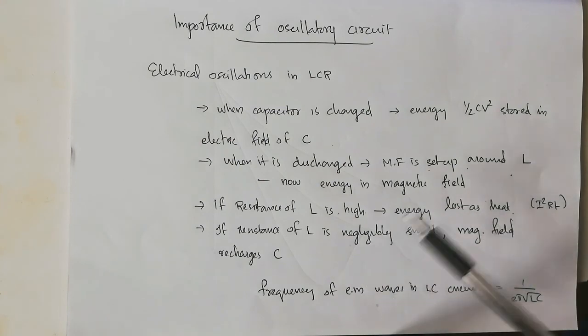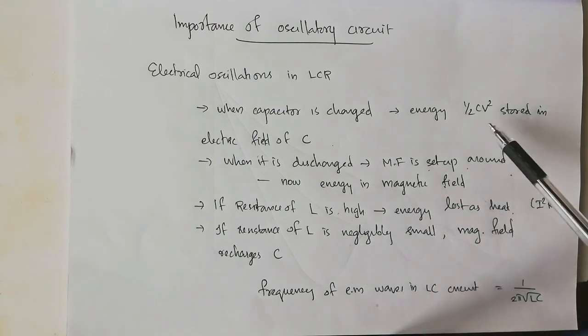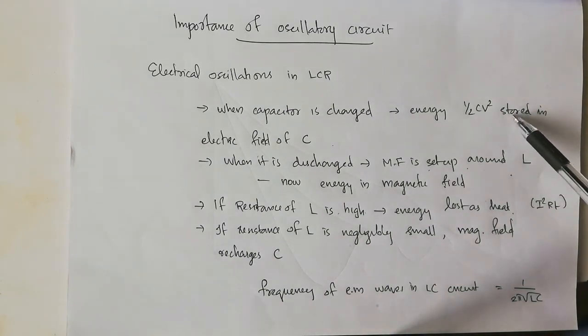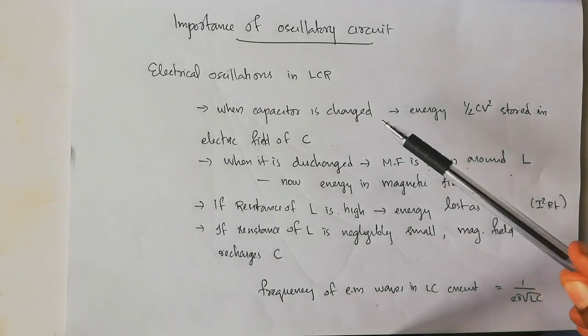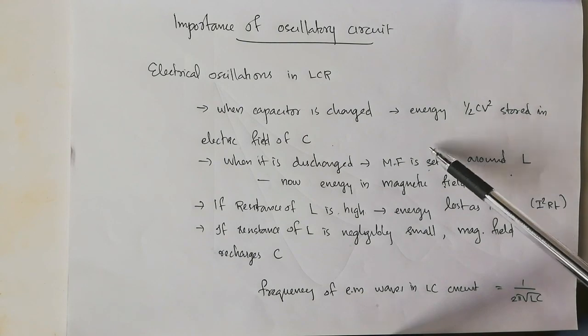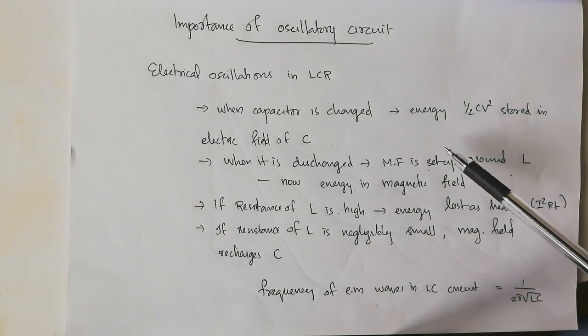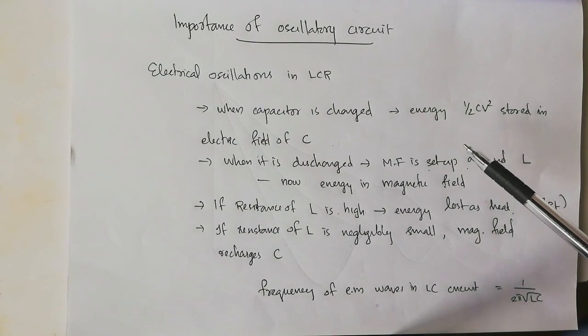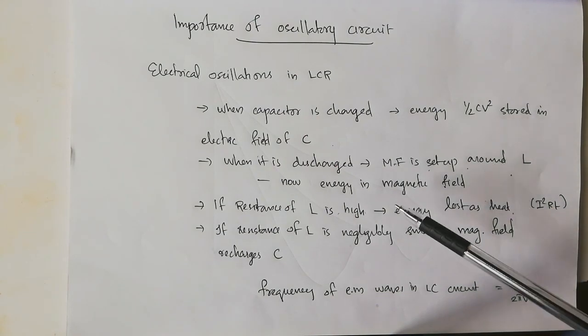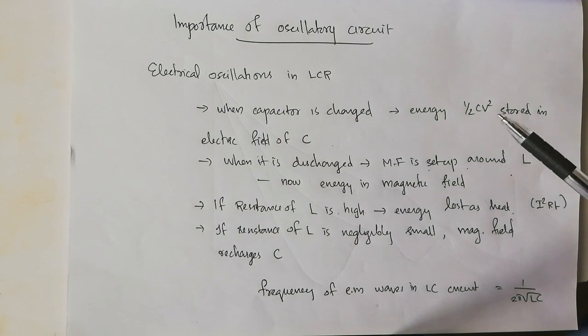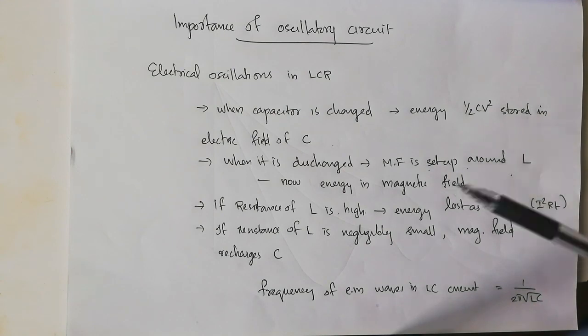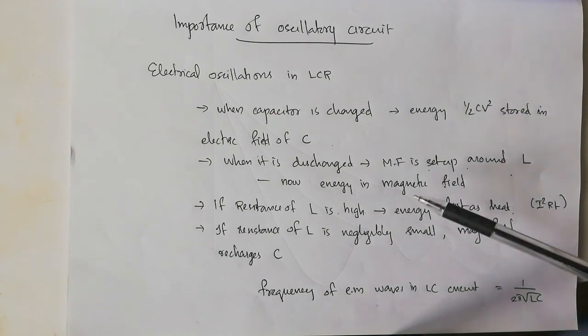Due to this recharging of the capacitor, again the energy is stored in the electric field of the capacitor. If the process is repeated in the LC circuit having negligible ohmic resistance, the energy is stored in the electric field once, then in the magnetic field, then again in the electric field, then magnetic field, etc.